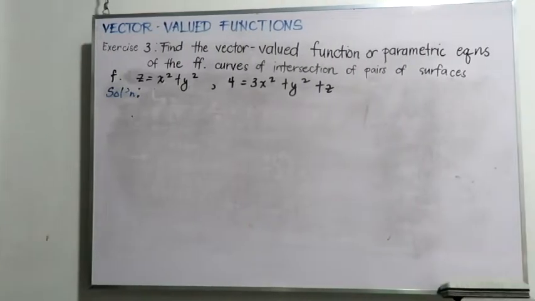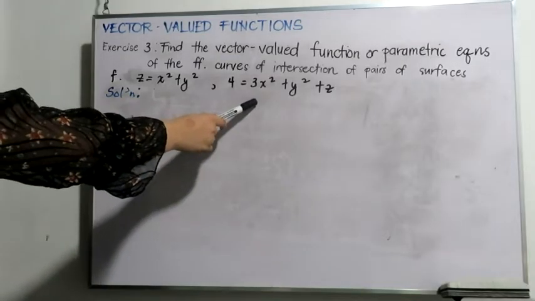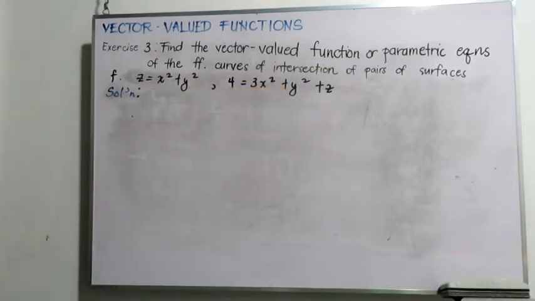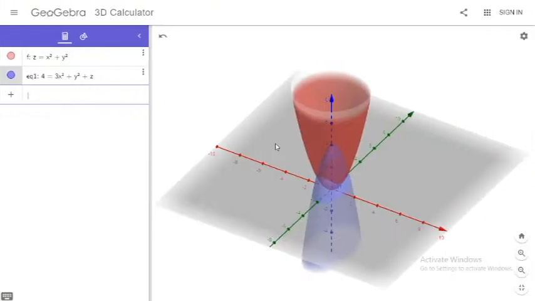Lastly, let us consider the pair of surfaces z equals x squared plus y squared and 4 equals 3x squared plus y squared plus z. These two are elliptic paraboloids, as we can see in the illustration. Lastly, we have the graph of these two elliptic paraboloids.